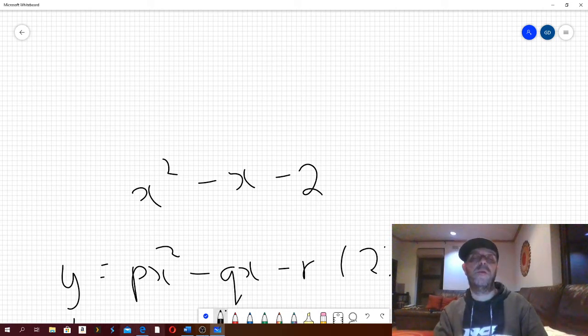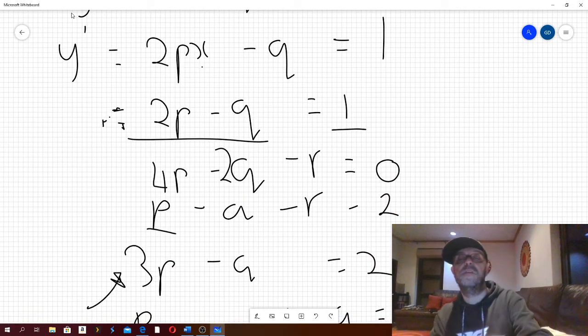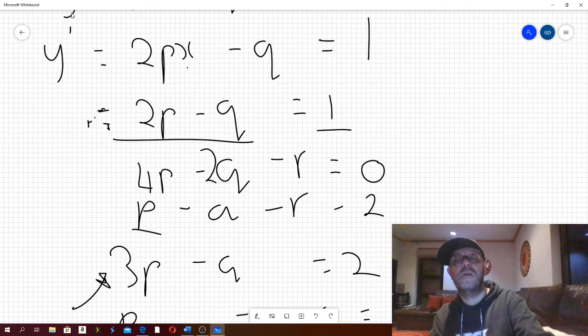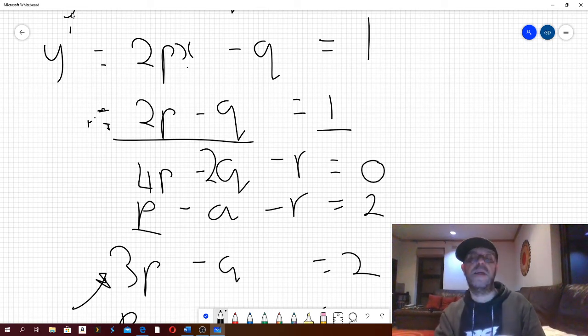Let me just go back here quickly and check. Sorry, this was equal to minus 2 here. That's why r is actually equal to positive 2. If r is positive 2, we've got minus r, which is minus 2 at the top. Just make that little correction there.